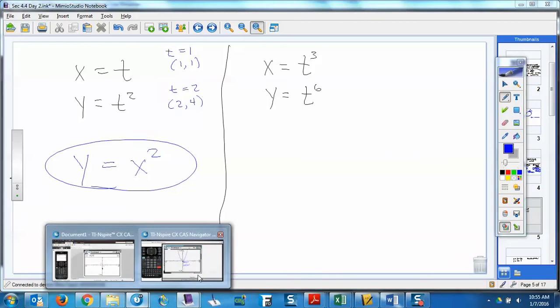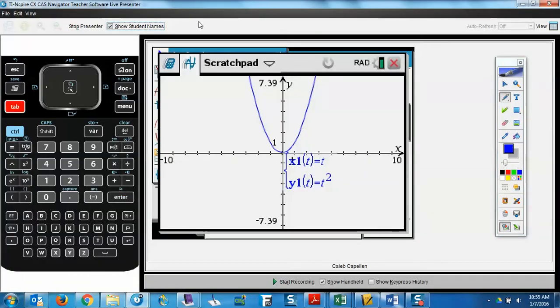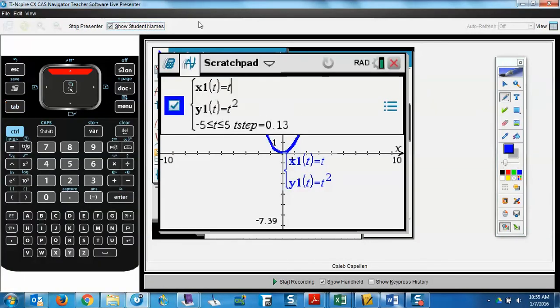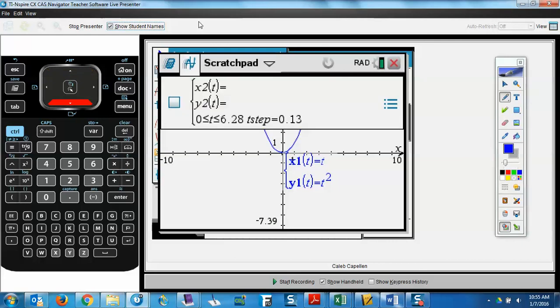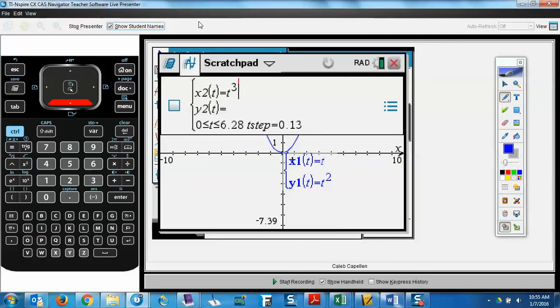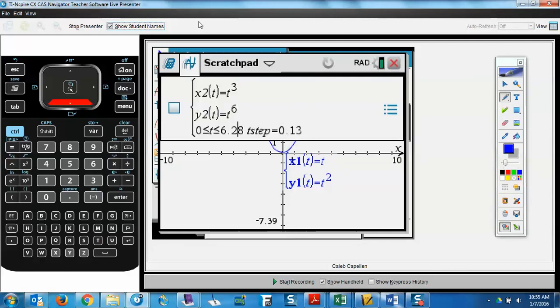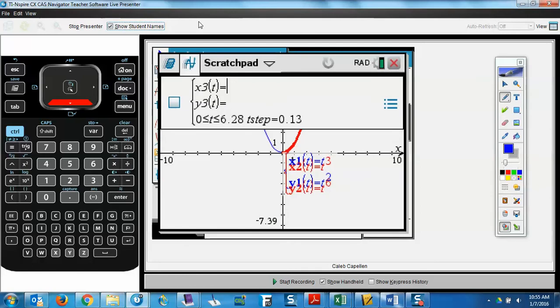Okay, so Caleb, let's graph that one in x2 and y2. So let's put t, go down. So in x2, let's put t cubed. And in y2, let's put t to the 6th. And let's do negative 5 to 5 again on there.